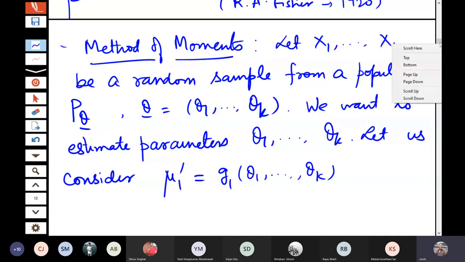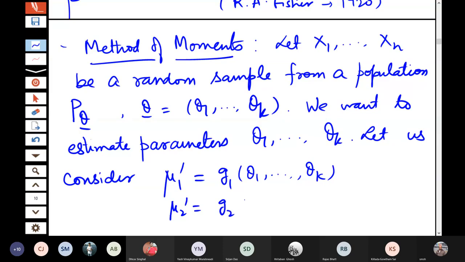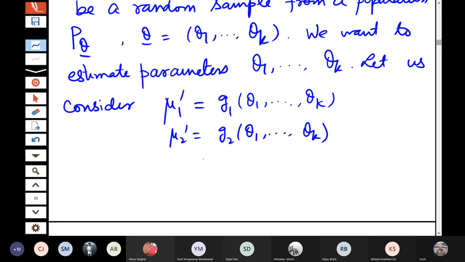So what we do, if I have k parameters, I write down the first k population moments. Mu k prime is equal to gk of theta 1, theta 2, theta k.